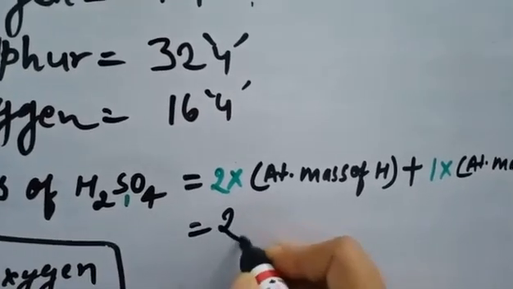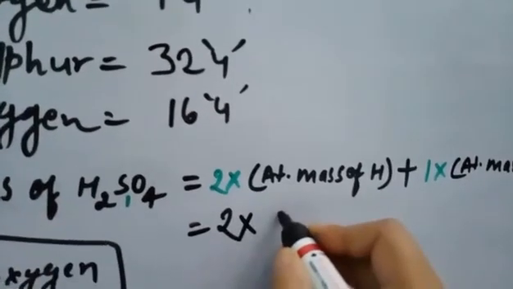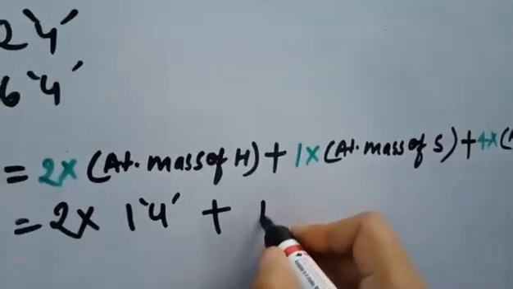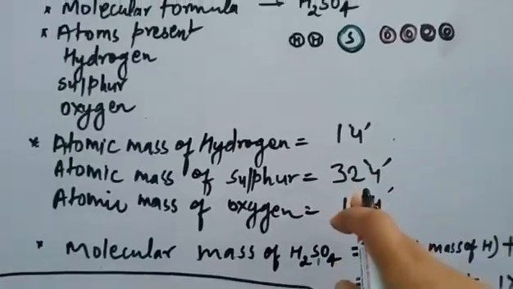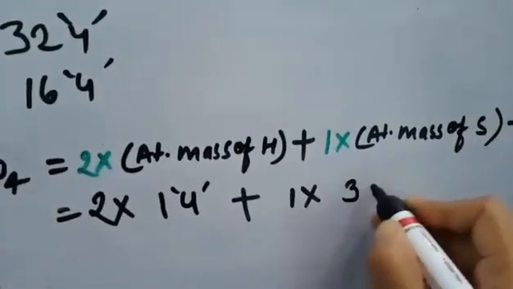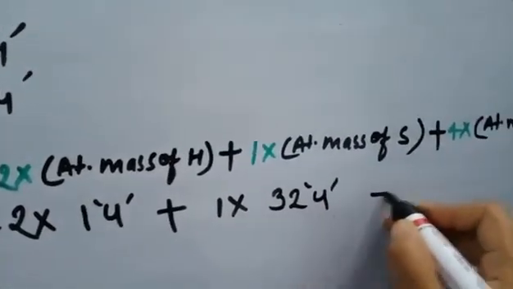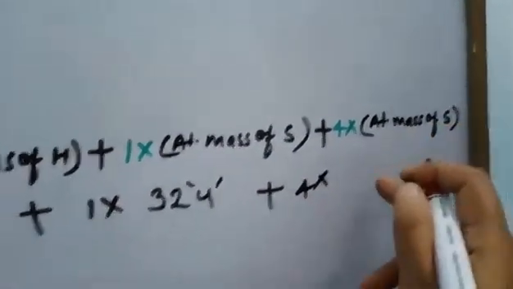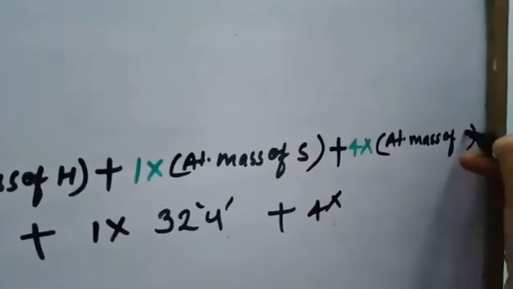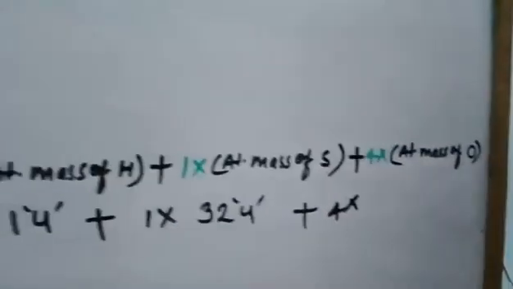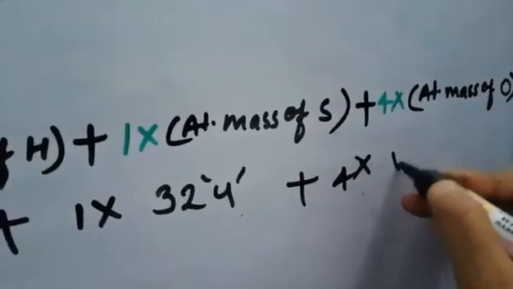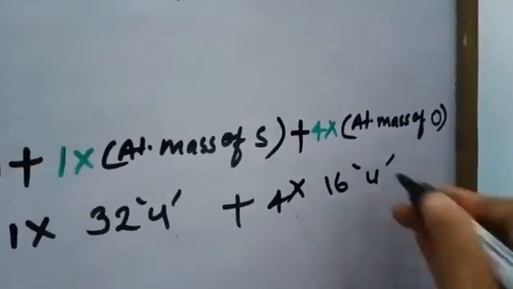So 2 into the atomic mass of hydrogen, which is 1u, plus 1 into the atomic mass of sulfur, 32u, plus 4 into the atomic mass of oxygen, which is 16u.